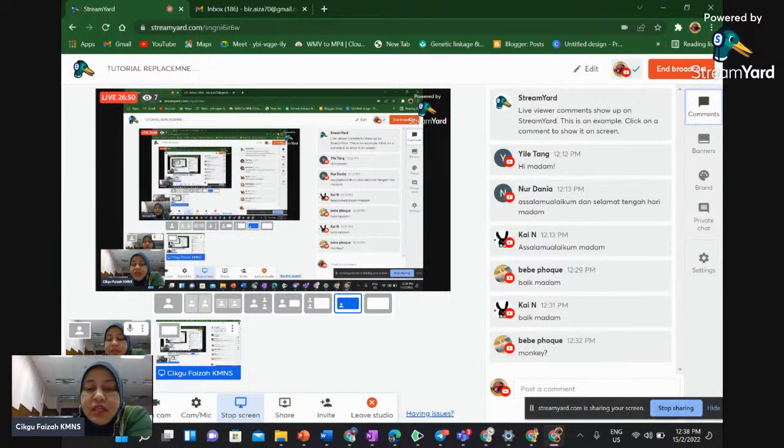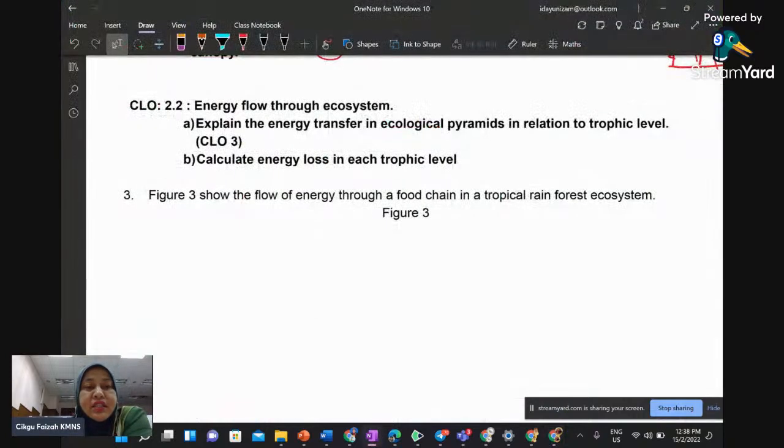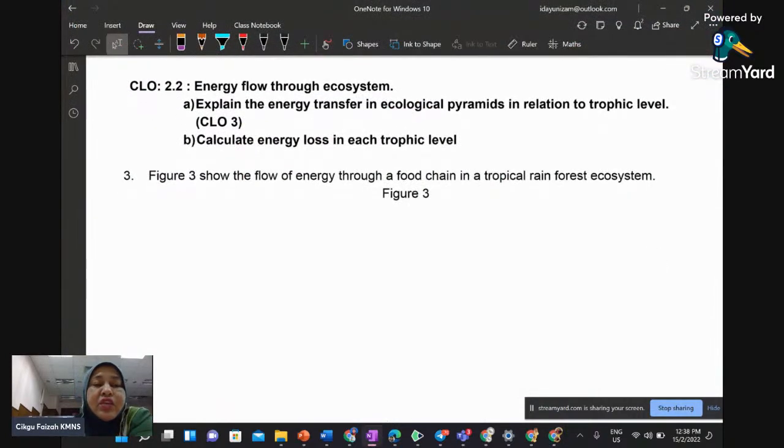Okay, next we go to question 3, ataupun CLO 2.2, where you need to explain the energy transfer. Ingat kelas, energy transfer in ecological pyramid.